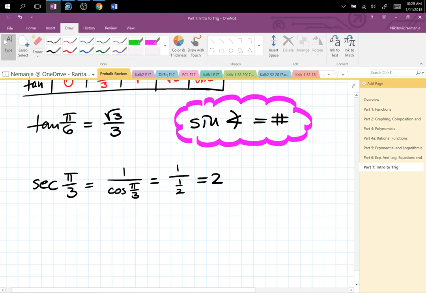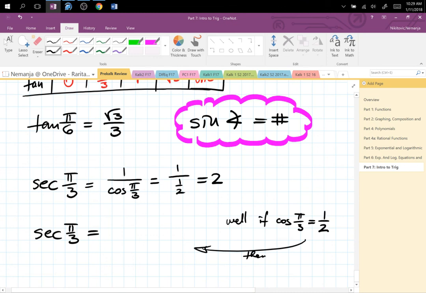So the other way to deal with the secant of pi over 3 is to say, if cosine of pi over 3 is equal to 1/2, then the secant of pi over 3 has to be 2 over 1, which is the flip, which is just 2. So you can say the secant is 1 over cosine. Cosine of pi over 3 is 1/2. 1 divided by 1/2 is 2, which I would say is a safer and conventional way.